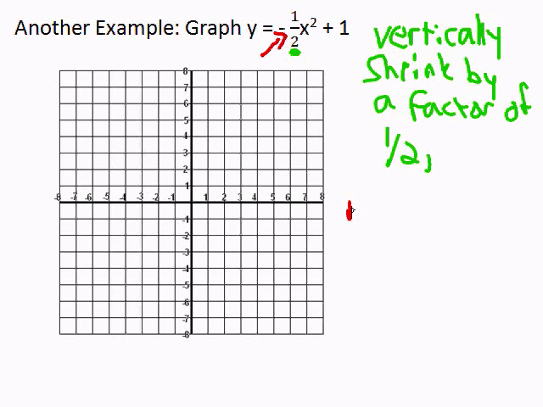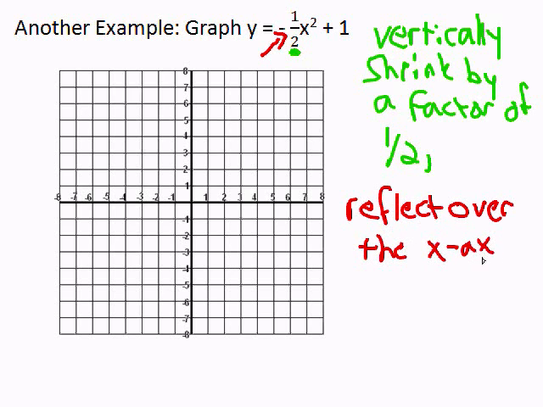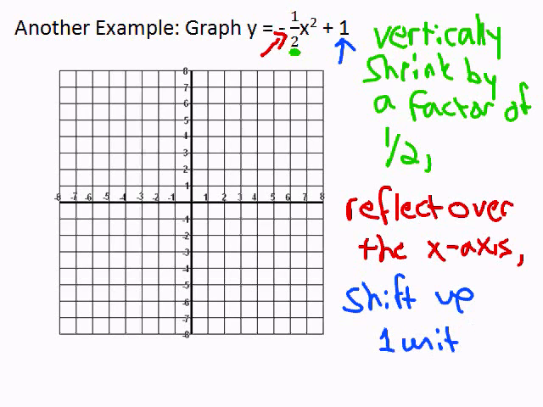It means we're going to take those points and then we're going to reflect them over or in the x-axis. And finally, we're going to take those points, and the plus 1 means we're going to shift our points up 1 unit.